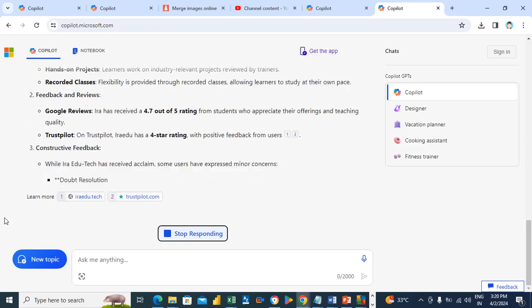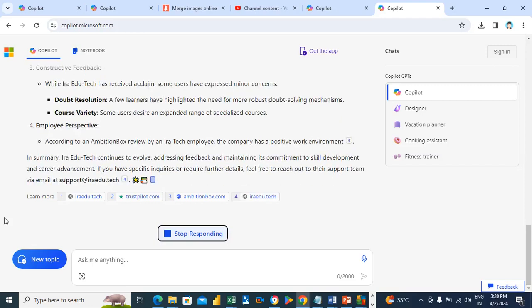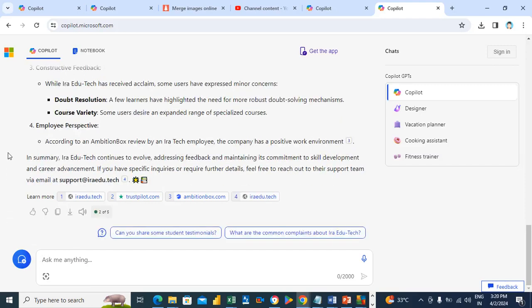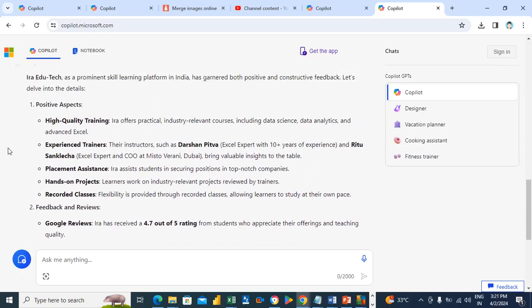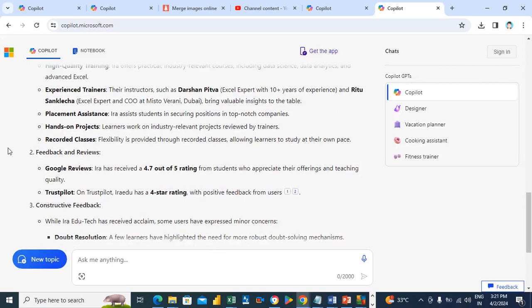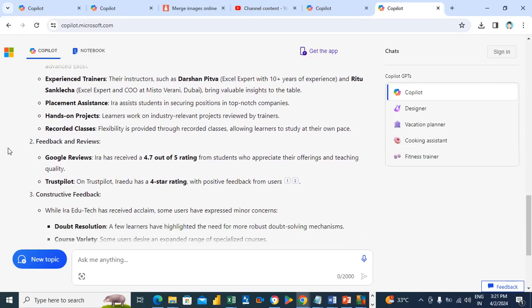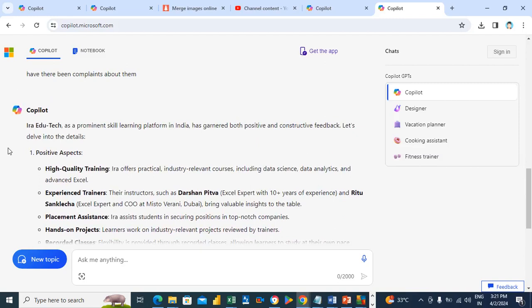Okay, you see, I would agree with ChatGPT because there may be a few things here and there. Some people may not have been happy, which is understood, but for most things people are happy, and most things are good about IRA EduTech. So as I've said a few minutes ago, nothing in this world is perfect, right?